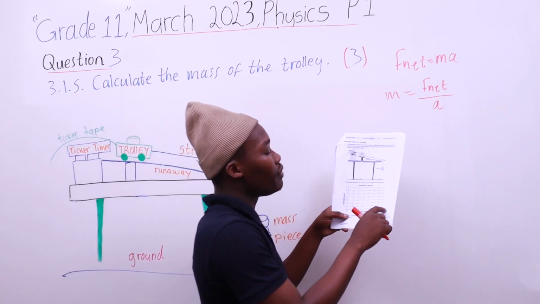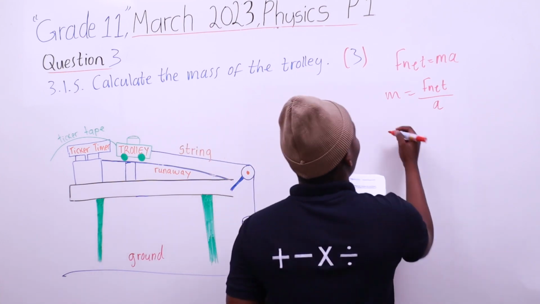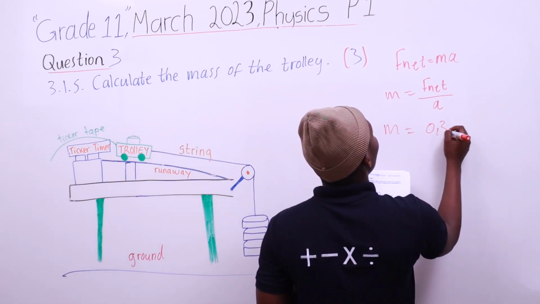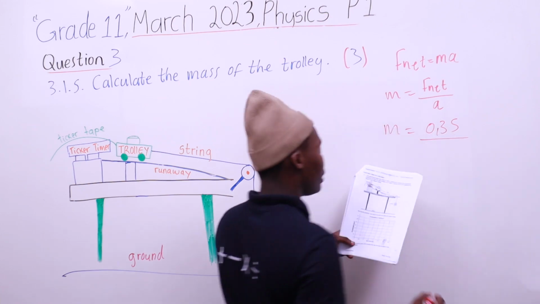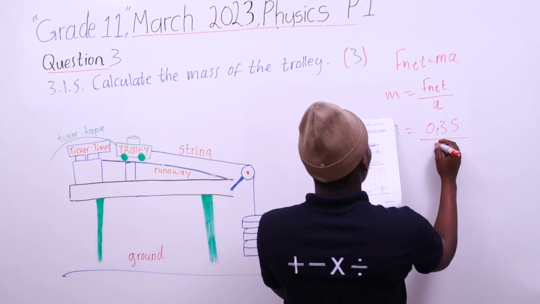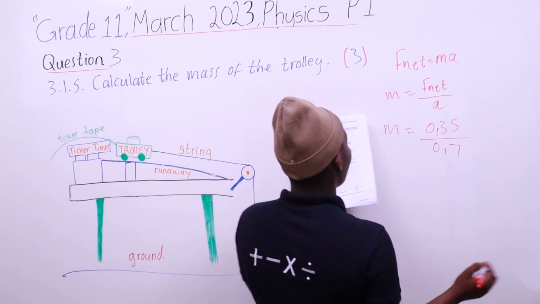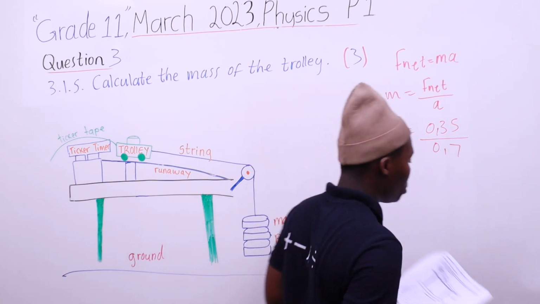So if the net force you use is 0.35, then M is equal to 0.35 all over the acceleration, that is over 0.7.